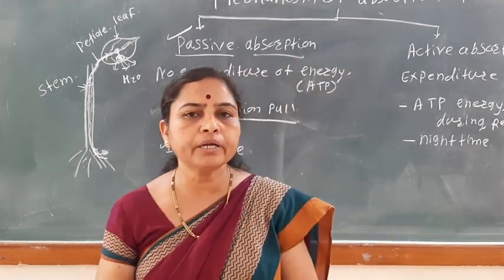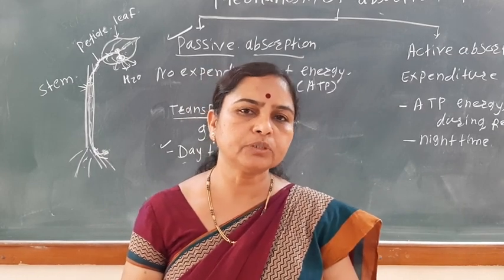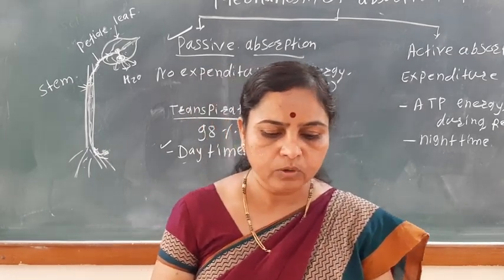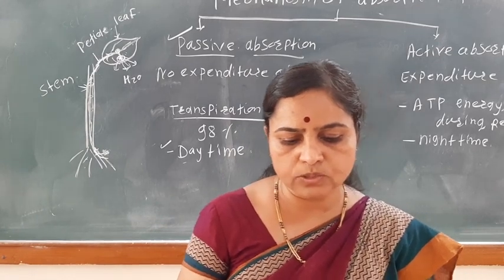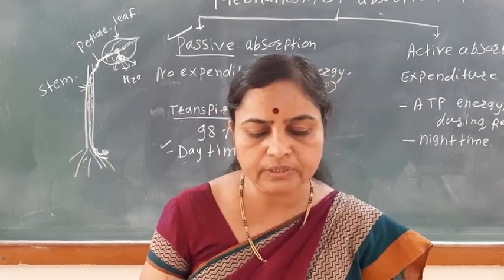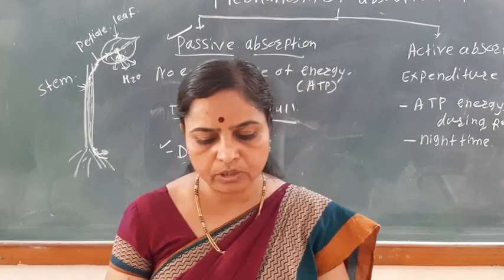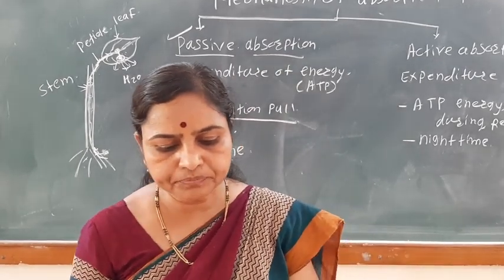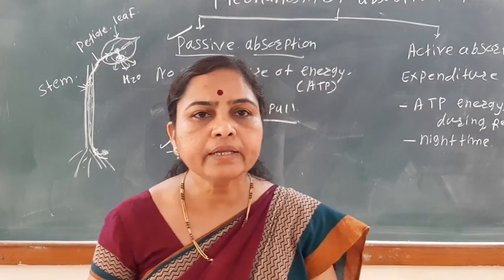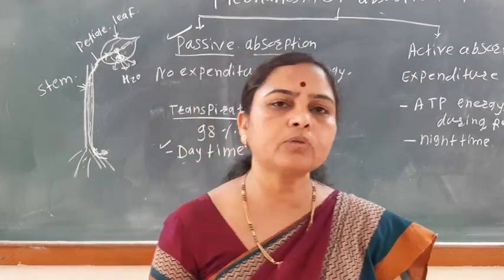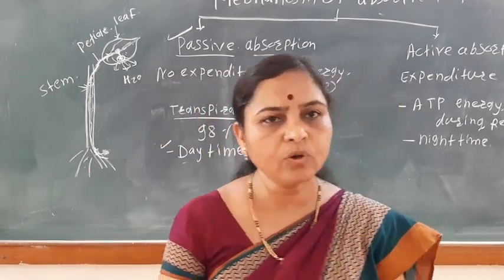So the process of passive absorption is mainly due to the formation of a DPD, the diffusion pressure deficit gradient. During passive absorption, water moves from the less negative water potential to the more negative water potential.